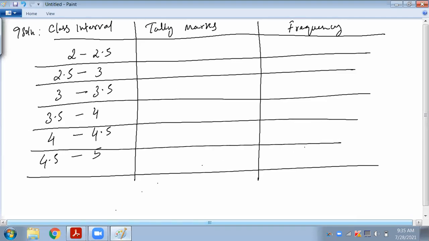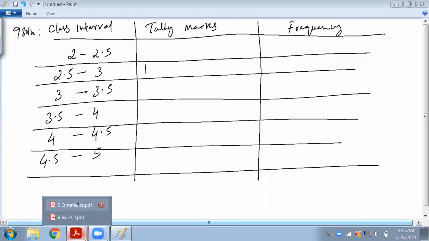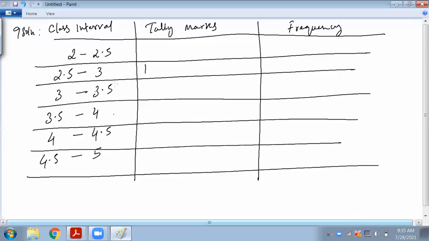Now we'll cut one by one the data in the question and put the tally. First one is 2.6. Where will 2.6 lie? It will lie between 2.5 to 3. So put the tally there. Then next is 3.5. We'll not put it in the first one, but in the second one, between 3.5 to 4.